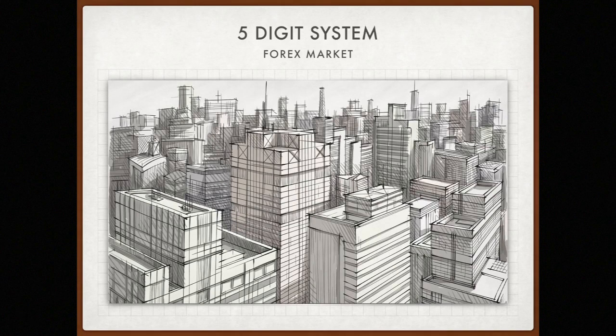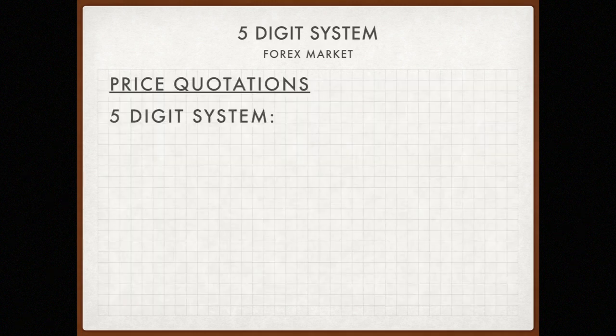Now in this section what we're going to be talking about is the 5-digit system. So now we've got a new system in the forex market and it's been around for a couple of years now. The system of price quotation is getting better and now most brokers actually supply quotations in the 5-digit mode. So here's a quotation for the British pound Australian dollar. Normally in the 4-digit mode we call it 1.8866, but now with the 5-digit system it's a lot more precise.